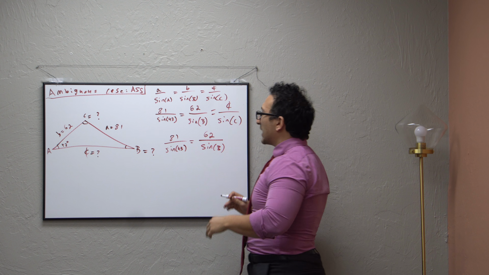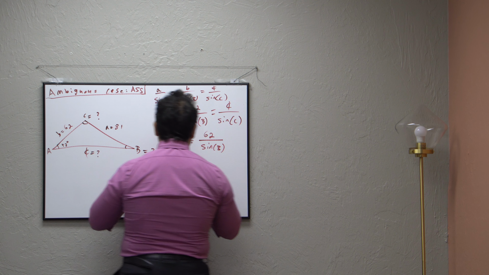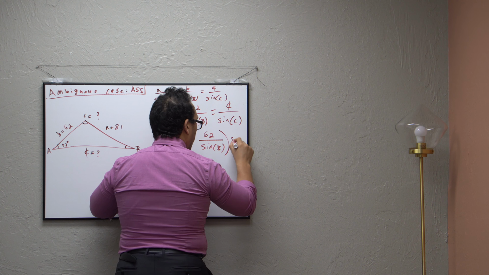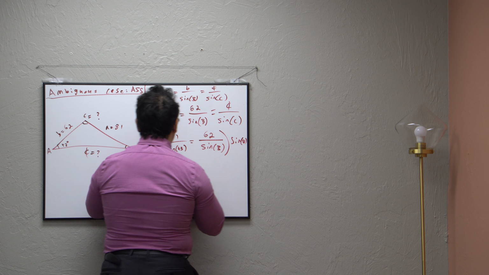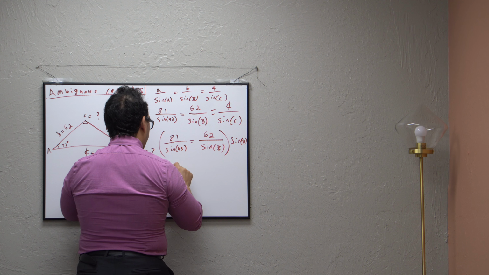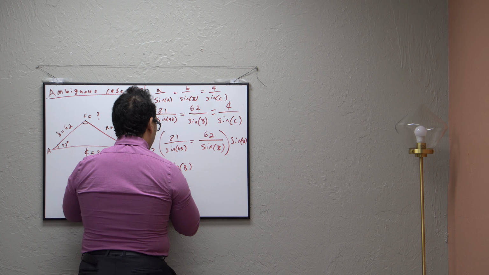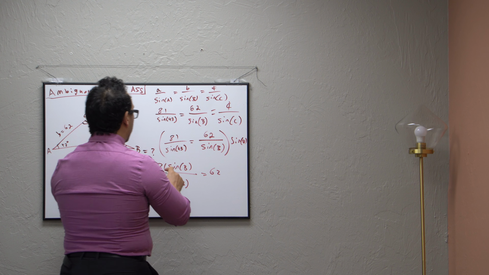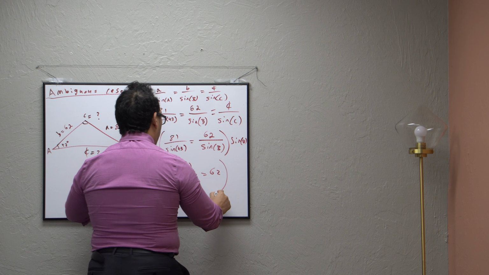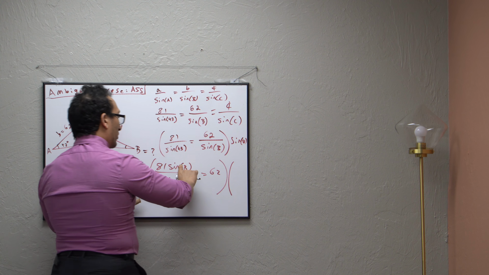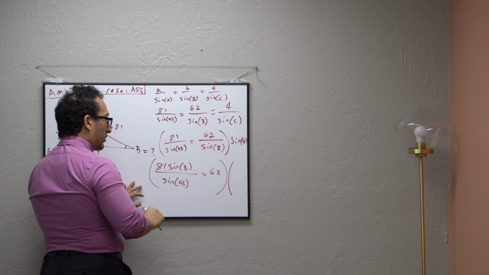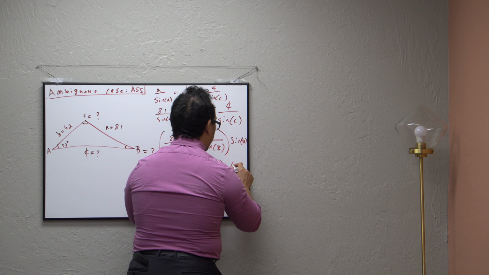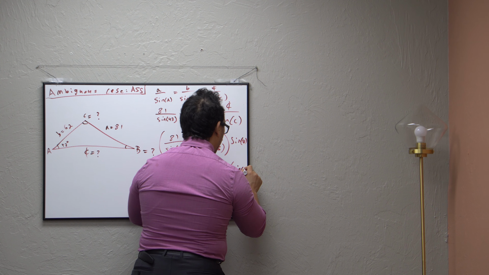Alright, I multiply both sides by sine of b, getting 81 sine of b divided by sine of 43 is equal to 62. Then I'll multiply both sides by the reciprocal of 81 over sine of 43, which gives me sine of 43 all over 81.